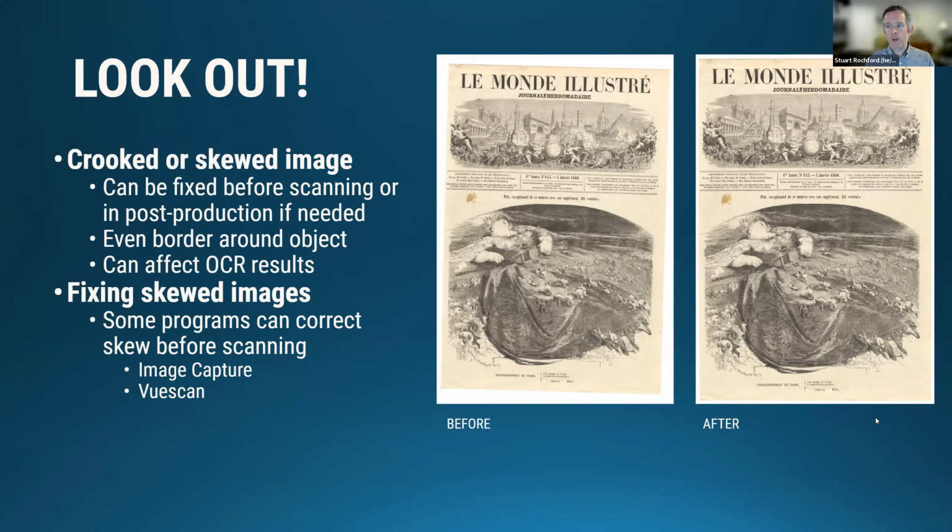Not only does it make it more visually appealing, but it can also help with more accurate OCR results. If the text that you're scanning is crooked, then OCR software is going to have a hard time getting a good transcript from it. So getting it as straight as possible is always recommended. It's not always possible. Some pages are folded, printed incorrectly as well, so they could be all over the place, but when possible, try to get it as straight as you can.